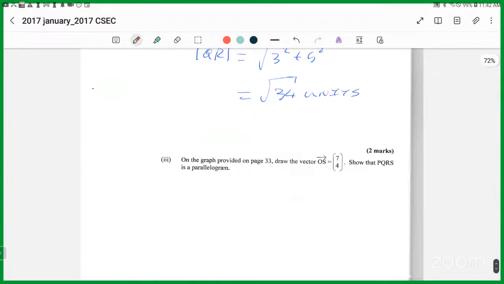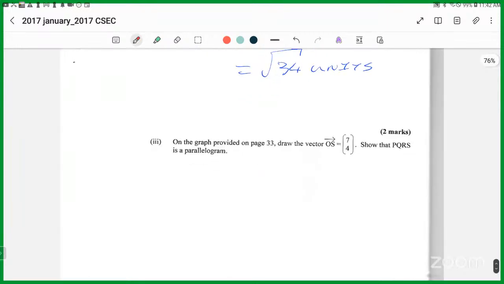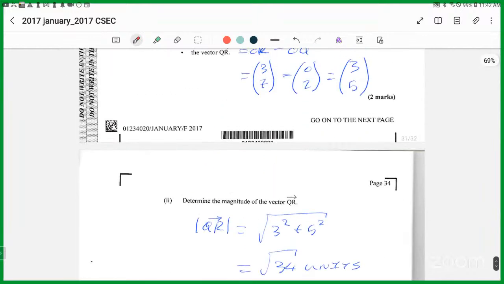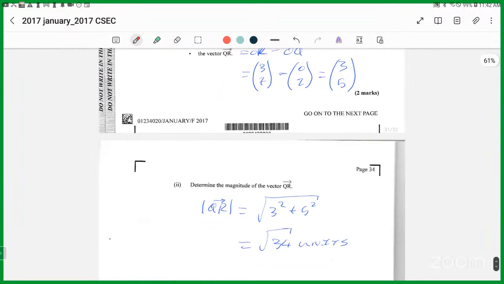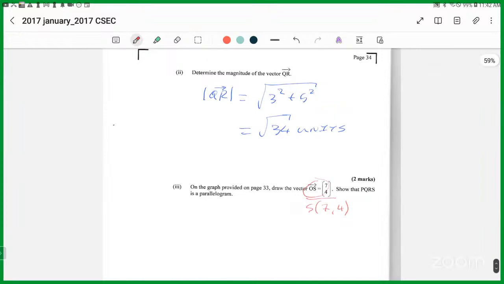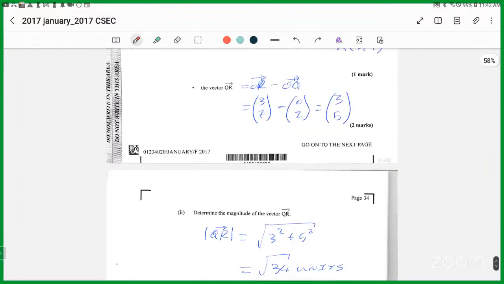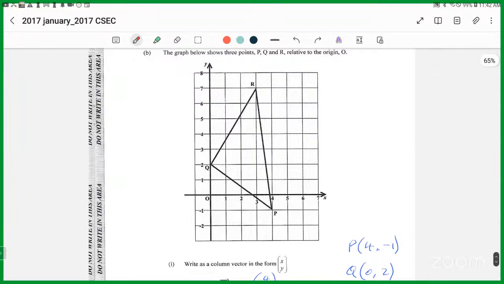Then down here, it says on the graph, we have to draw the vector OS, which is (7, 4). If OS is (7, 4), it means that S is a point with the same values, (7, 4). I want to put (7, 4) on the graph and then draw the vector from O to the point S. So (7, 4), up to here, this point.